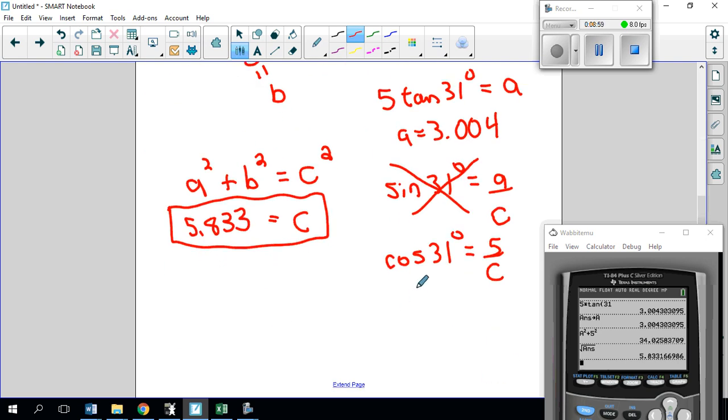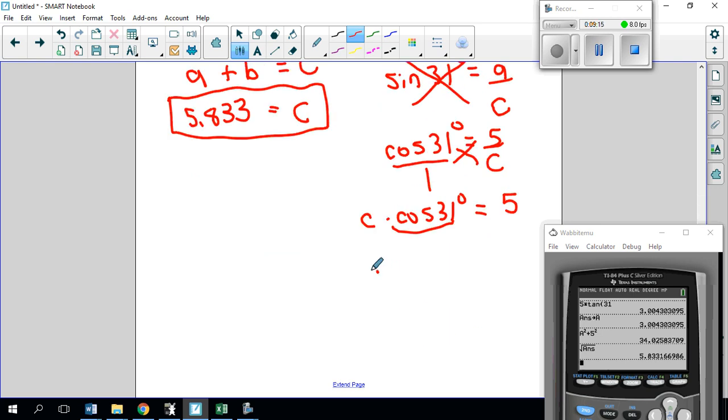Now, let's talk about this. Technically, you're cross multiplying. So it's really C times cosine 31 degrees equals 5. Then you're looking for C, and you divide by cosine 31. So C equals 5 over cosine 31.